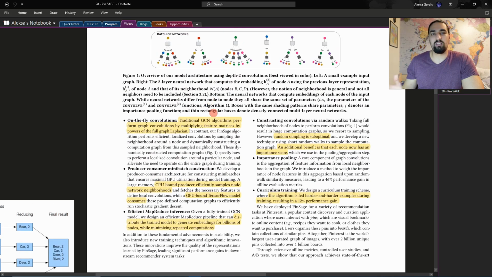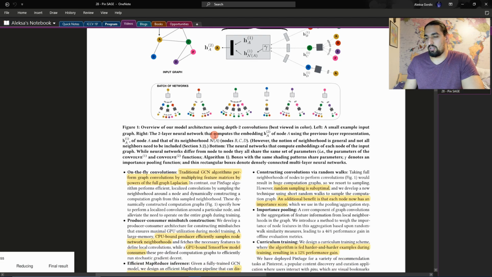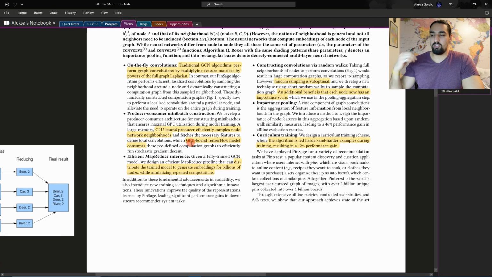What they did is the same as in GraphSage. They are subsampling the neighborhoods, although they are not doing uniform sampling. They are doing something more clever, and I'll get to that in a bit. The second thing worth mentioning on the engineering side is that they have a producer-consumer pipeline.